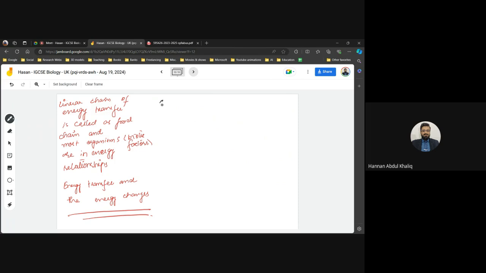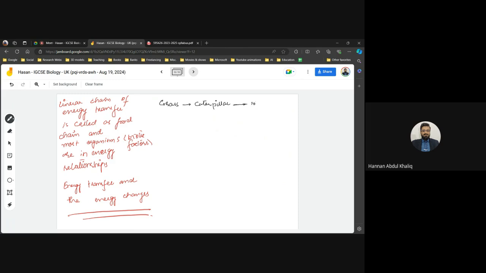we have grass, and then we have a caterpillar that is eating the grass. After the caterpillar, it would be eaten by a hornet.